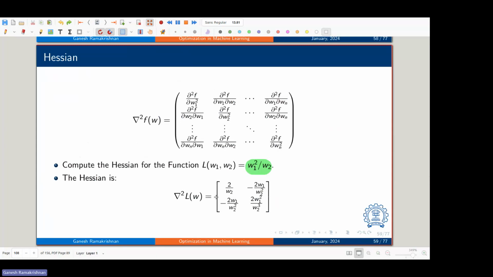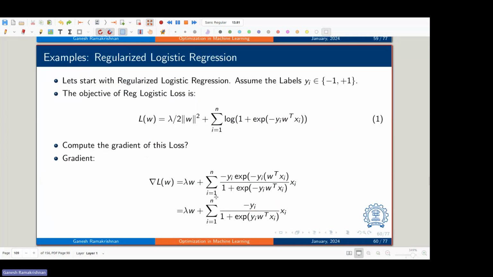I'll give you some examples for w1 squared by w2. You should be able to compute its Hessian. And then I'm going to ask you to take all the losses we have discussed so far and try to compute their gradients. Please do this. It'll make a world of difference. You may think you know it, but just write it down. I'm not going to derive all of this in the class.